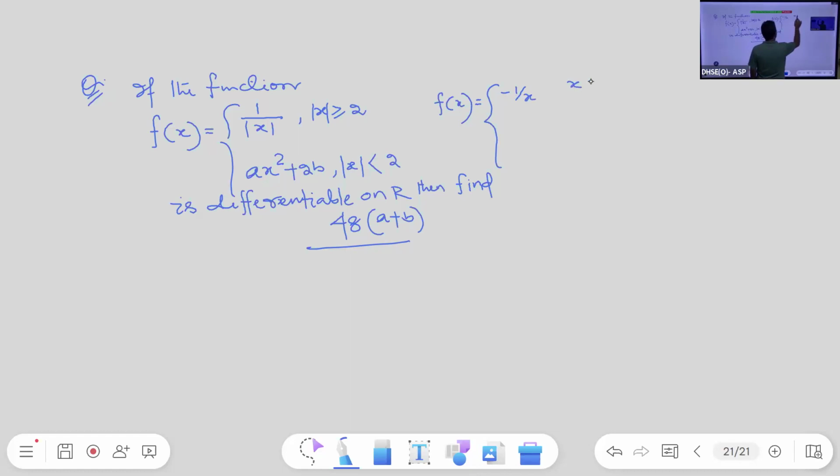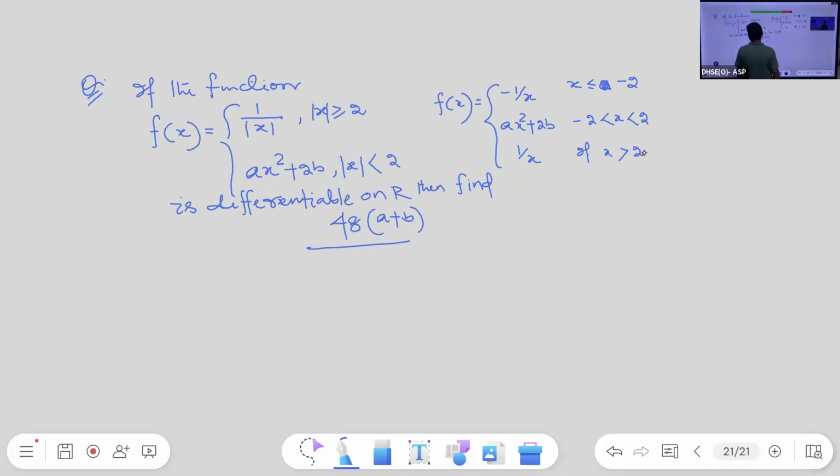Then for the interval minus 2 to 2, it is ax square plus 2b. So f of x is minus 1 over x if x is less than or equal to minus 2, ax square plus 2b if minus 2 is less than x less than 2, and 1 over x if x is greater than 2.